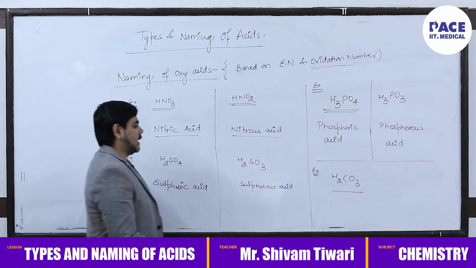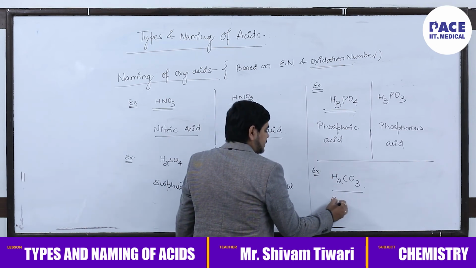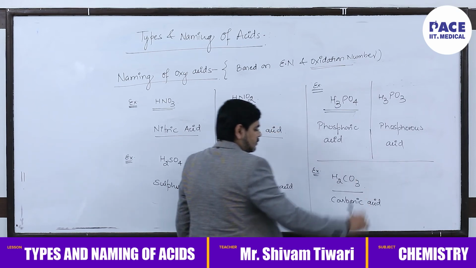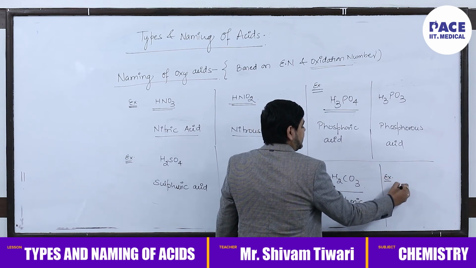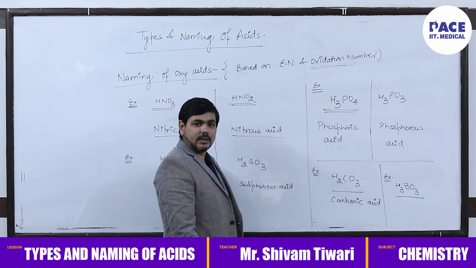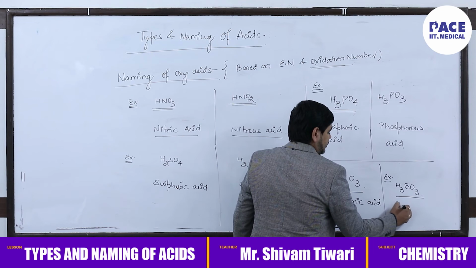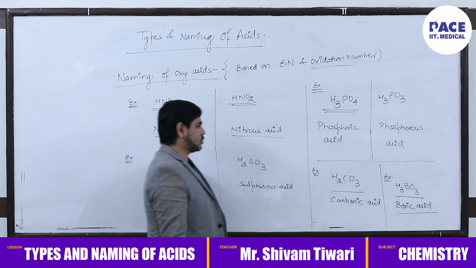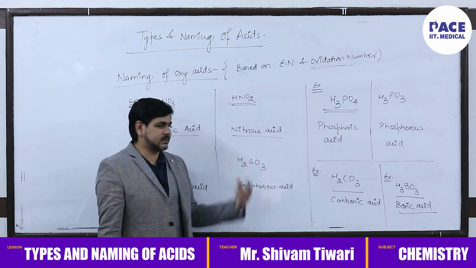Over here the carbon in H2CO3 is in the plus 4 oxidation state. The name is carbonic acid. Similarly, another example I am going to cover is H3BO3. The name over here is boric acid. So now you would have figured out ic acid is most common. If the number of oxygen is going to decrease, then we are going to have ous acid.